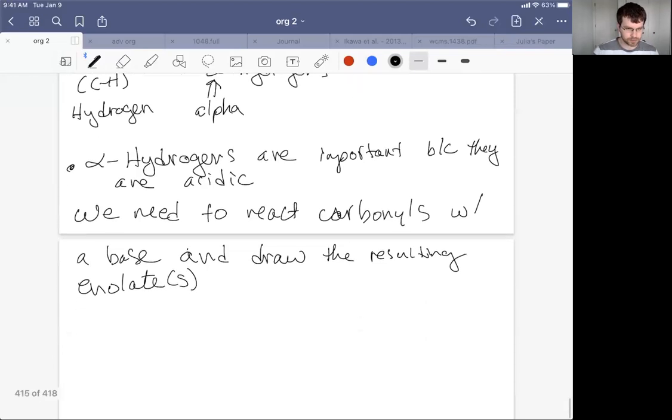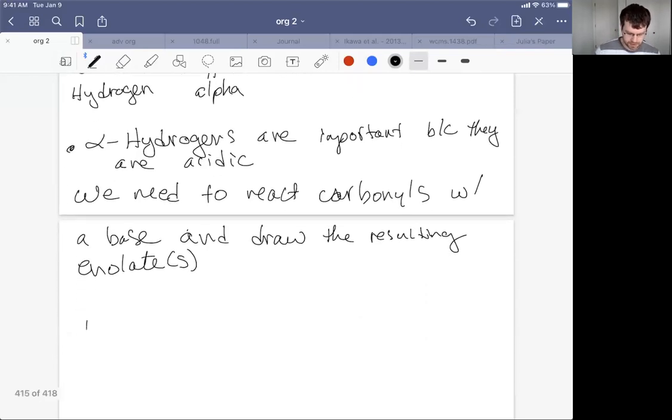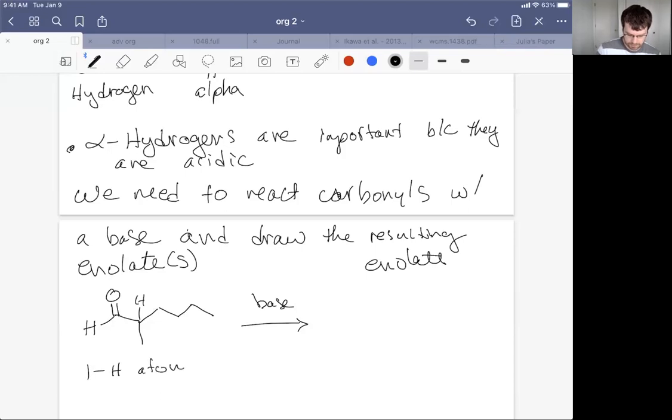Okay, let's look at some examples of this. So I'm going to start with an aldehyde right away. I'm going to add some base to it, and I want to draw my enolate over here. What I first want to count is that there's only one H atom at the alpha carbon. So there's only one alpha hydrogen, and it's located at the only alpha carbon.